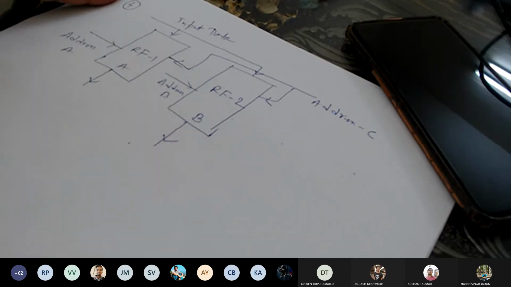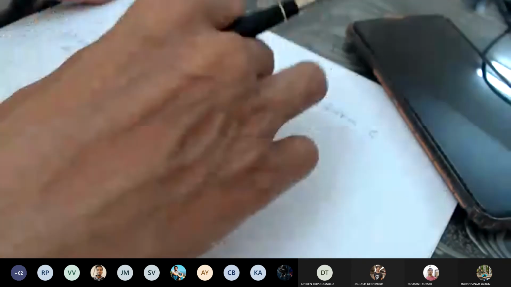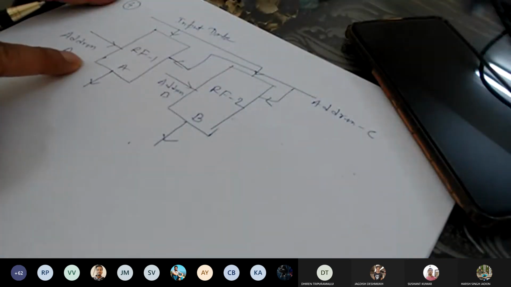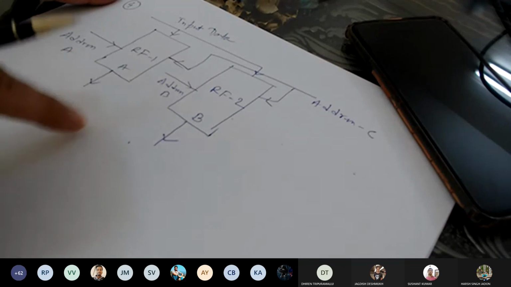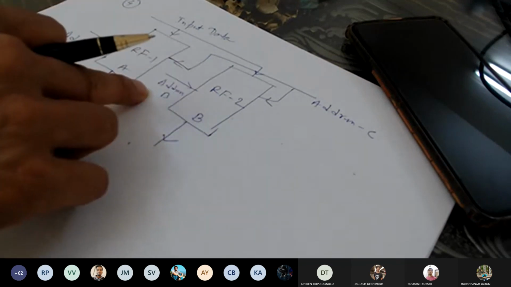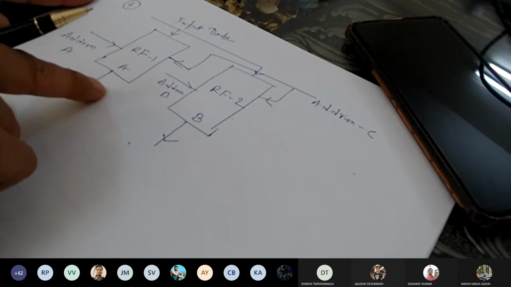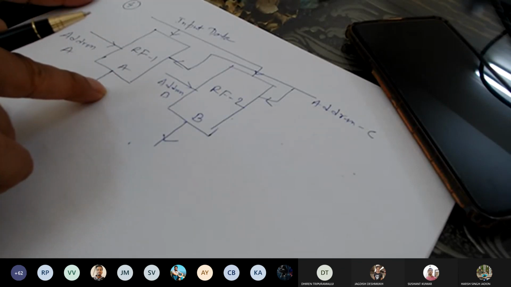You can also implement like this. Both are copied here. Same register files are copied here. Address A goes here. Directly you get it. So you do not need a kind of complex output multiplexing.